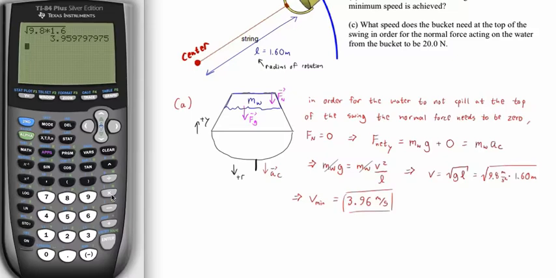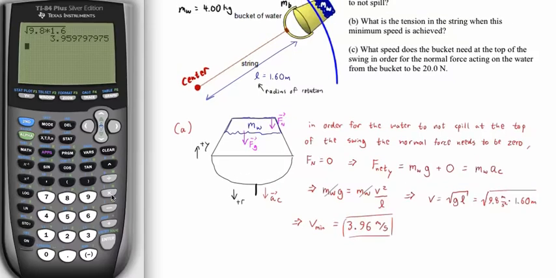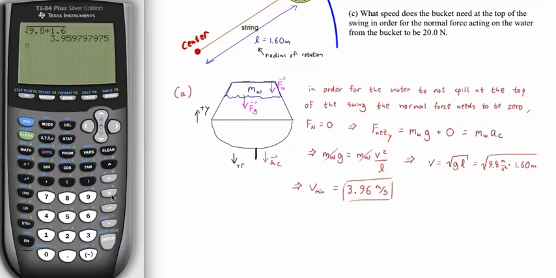Okay, so in part B, we're asked, what is the tension in the string when this minimum speed is achieved? Okay, so let's take a look at the things that we need to consider to answer that question. So we'll take our same bucket.